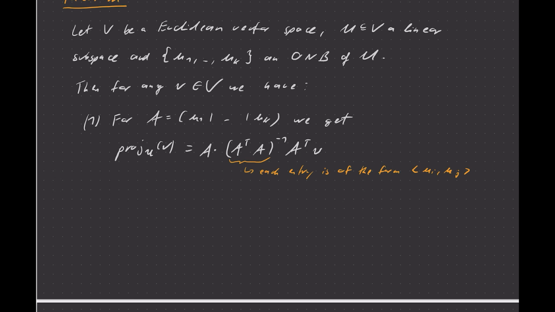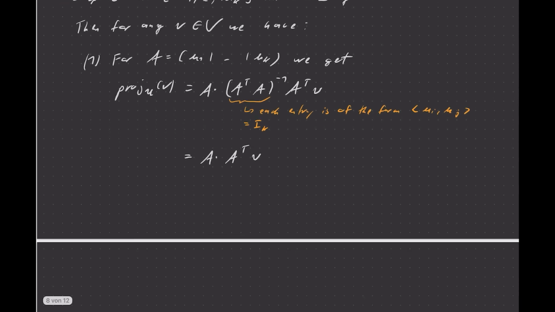So what this really is, is the identity matrix, so we can just leave that out. And that means the result is really A times A transposed V. So that becomes really easy.